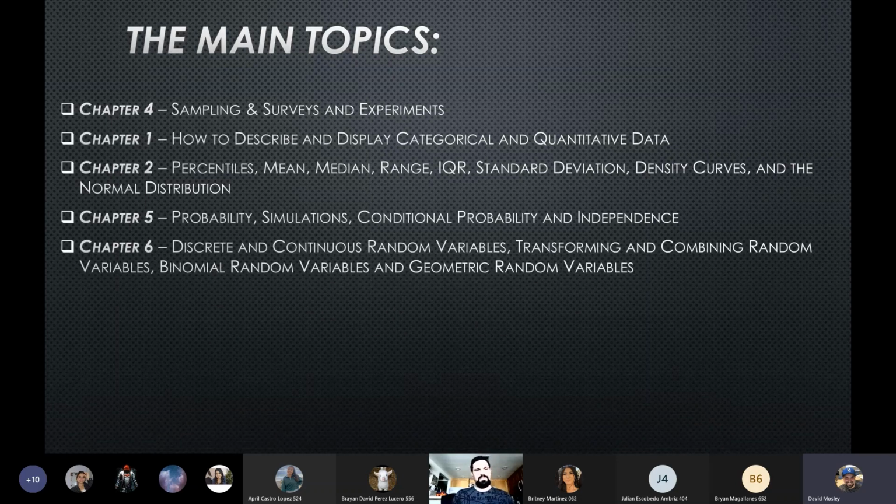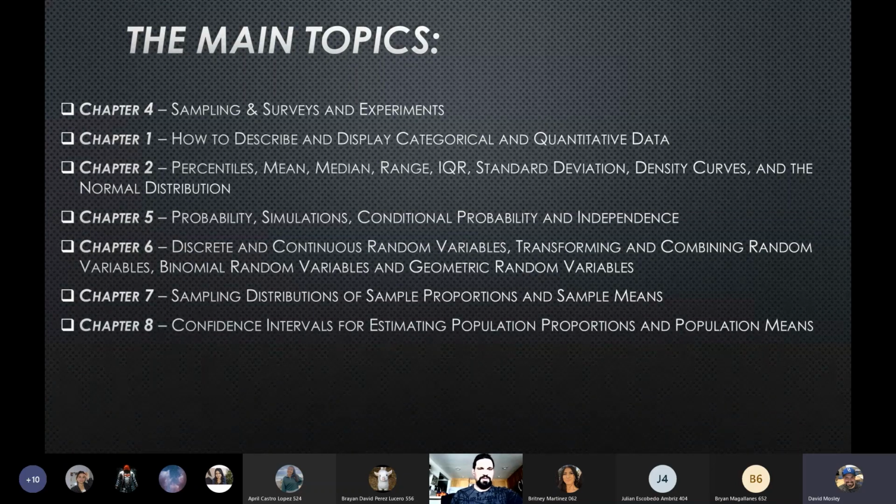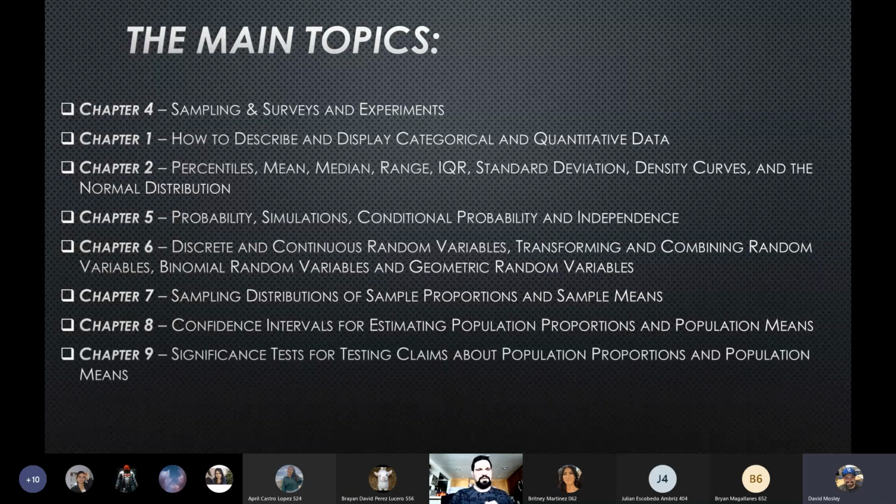Chapter 6, which is the beginning of semester 2, we did discrete and continuous random variables, and we considered how to transform and combine random variables. We used the binomial random variables and geometric random variables when needed. Chapter 7 is sampling distributions of sample proportions and sample means. Chapter 8 was confidence intervals for estimating population proportions and population means.